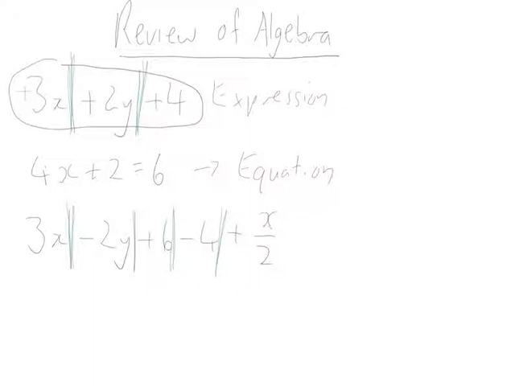Next definition I have is a coefficient. A coefficient is the numerical part of a term. Normally, it's what you multiply the term by. So for my expression here, my first term has a coefficient of 3.